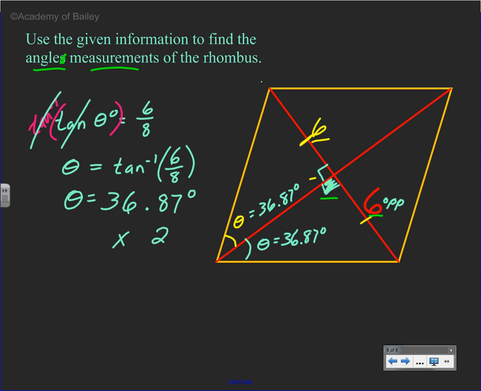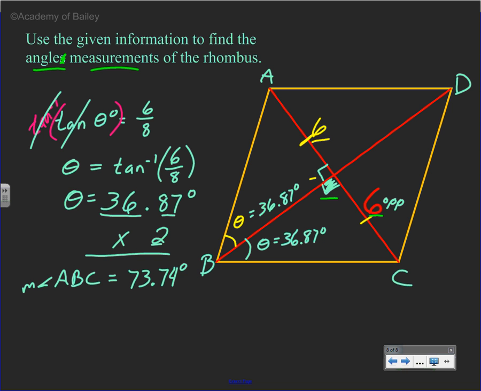Let's go ahead and label this A, B, C, and D. Multiplying by 2, the measure of angle ABC is equal to 36.87 times 2, which is 73.74 degrees.